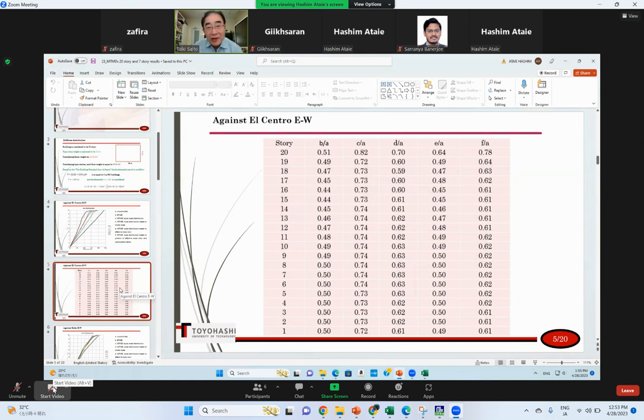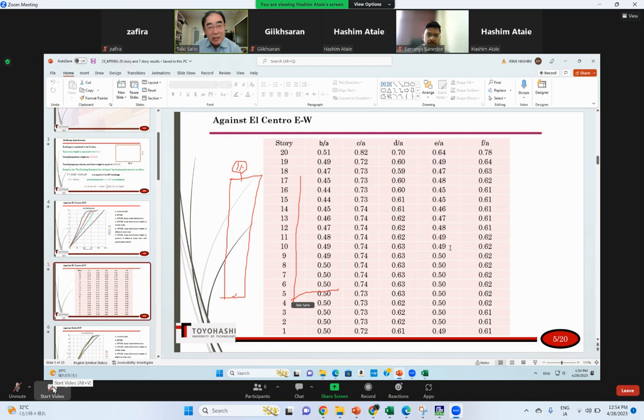I have a question. So you have a building, right? Yes. And you put one TMD. In case of 2 TMD, one is at the top, right?